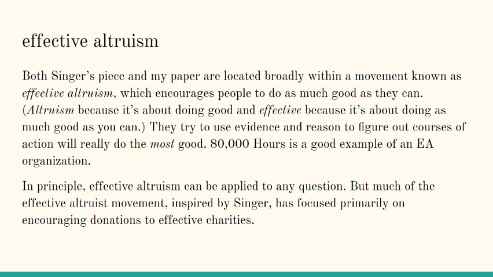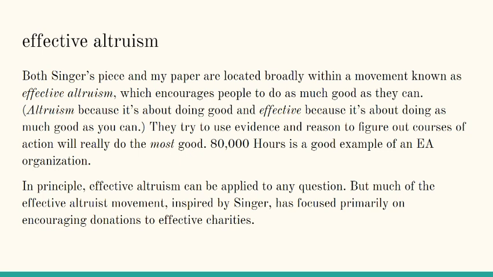They're trying to, let's use evidence to figure out which career path will actually allow you to do the most good, help the most people, right? Don't just go on the basis of, that sounds nice. Really try to figure out how you can do the most good.